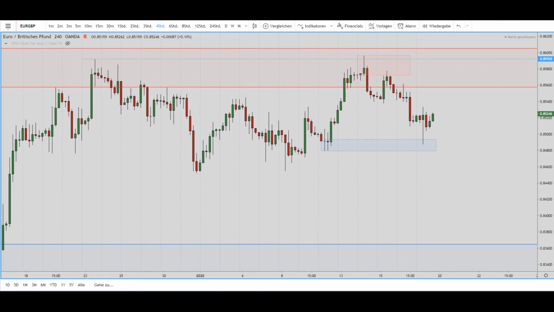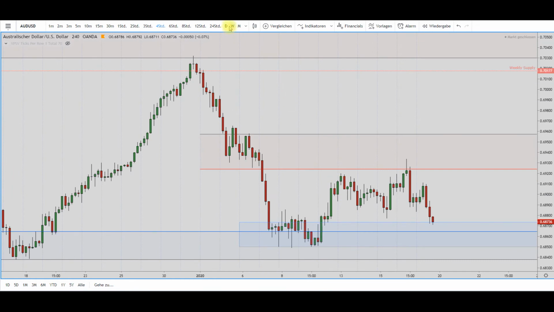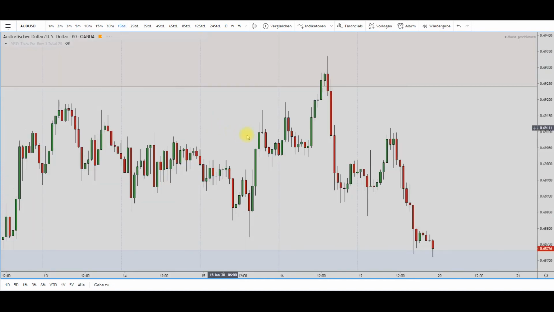Then there was a trade on the Aussie dollar. The Aussie dollar bounced off this drop-base-drop pattern, which was the freshest supply zone on the daily chart. If you look into 1 hour, that was quite a violent rebound from that level.